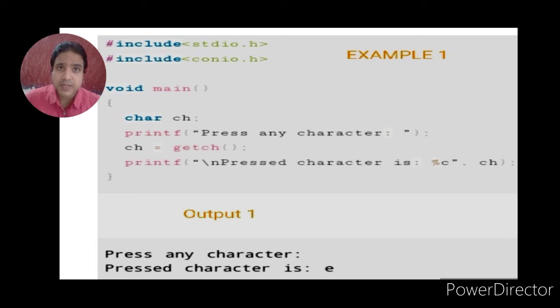If the user wants to print the ch value, it will print using the %c specifier, like %c and ch. Here the output is: press any character. This will not echo due to the getch function, and the pressed character is e. It means the user pressed e, so it is stored in the character variable and shown here.